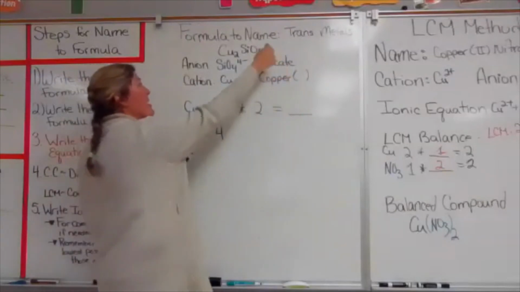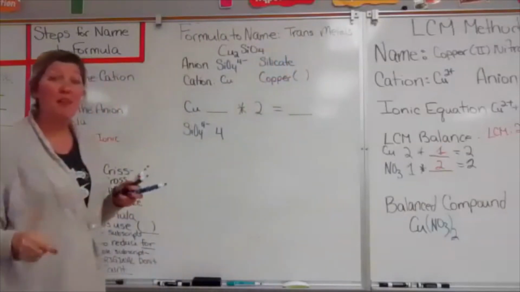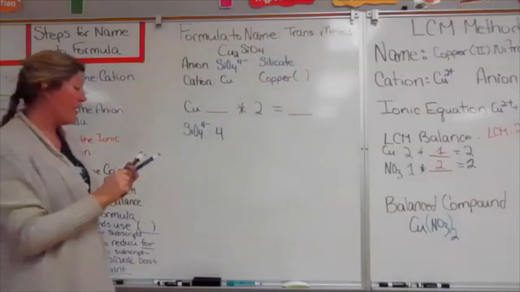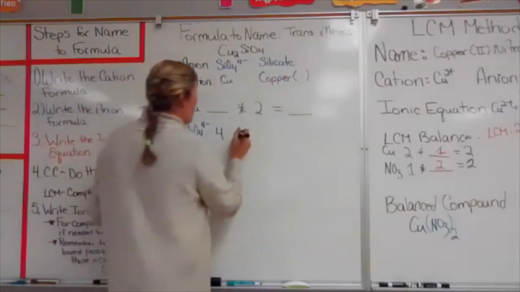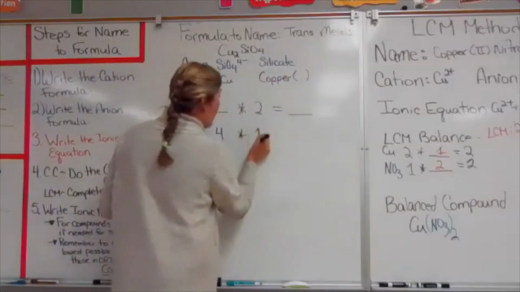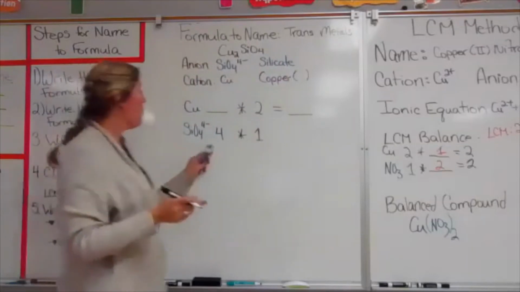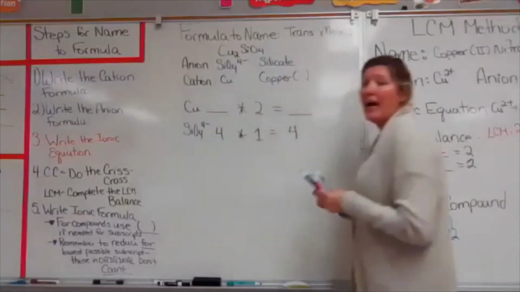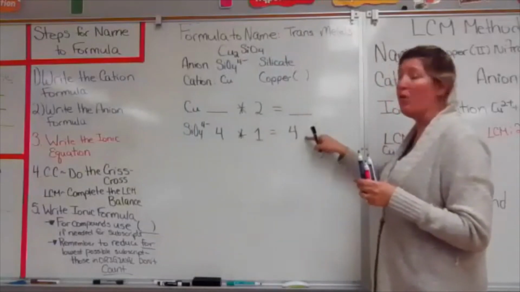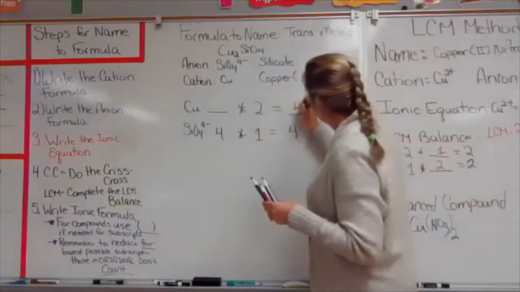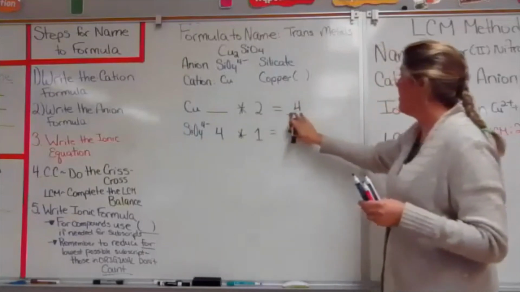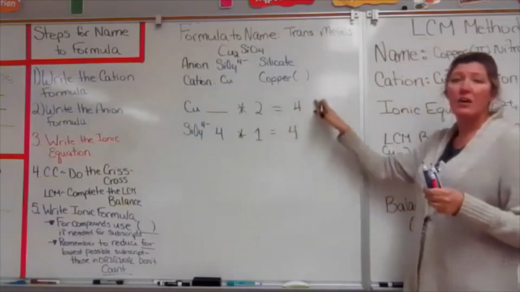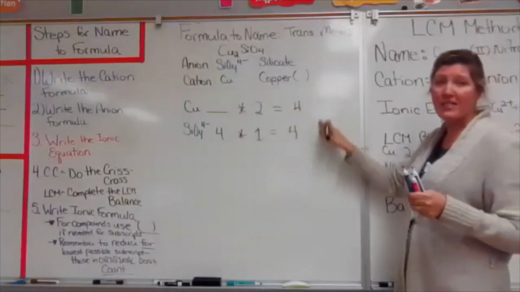And we look back up at the balanced compound and we don't see a parentheses and it's written 1 time. So I go ahead and know that there's only 1 of silicate. So 4 times 1 gives me my LCM of 4. I can go ahead and take this 4 and put it in this blank because the LCMs have to be the same both ways. Both lines have to have the same LCM.